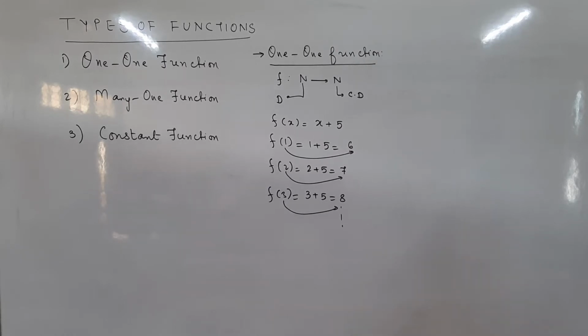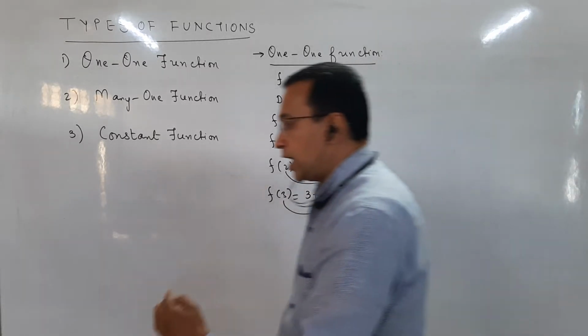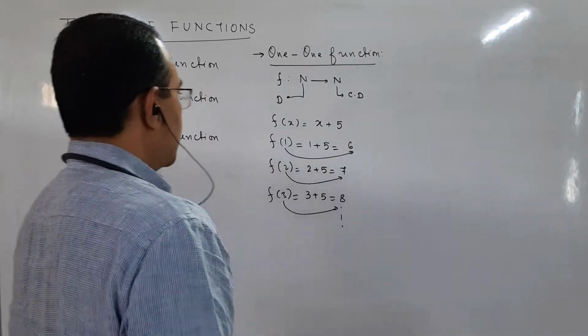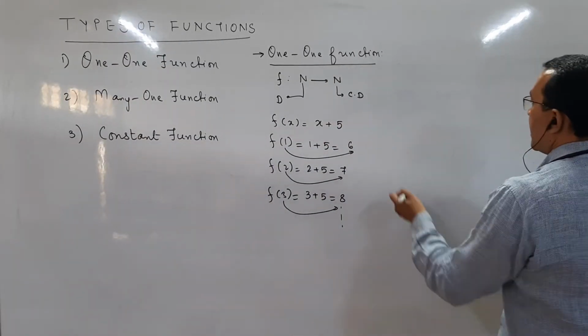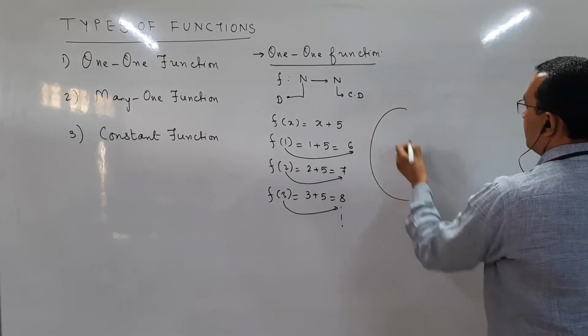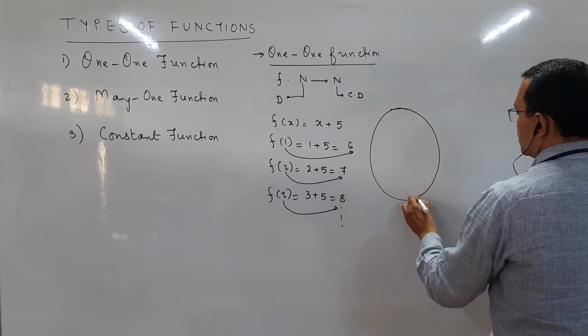So here each and every element of domain has a unique image in codomain. No two elements of domain have the same image, then such a function, students, is called one-one function. If I draw the set diagram, it will be like this. Pay attention.